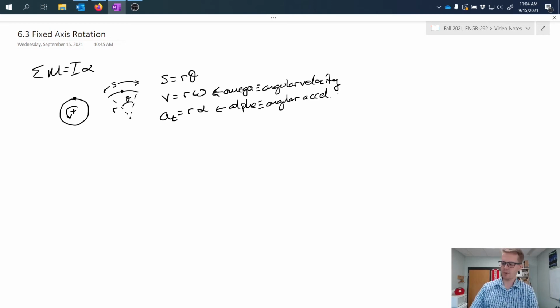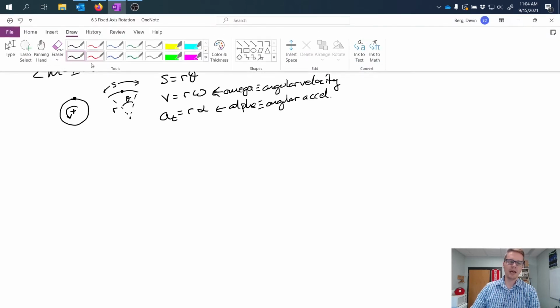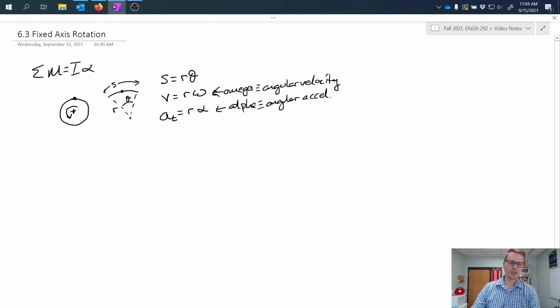However, one thing we've addressed before is that as this particle travels along, it has not only a tangential direction acceleration, a_t, but it also has a normal direction acceleration. The normal direction really captures the change in the orientation of the velocity vector.